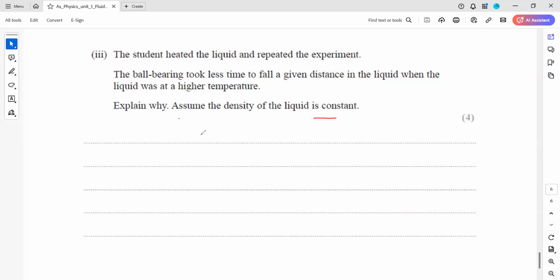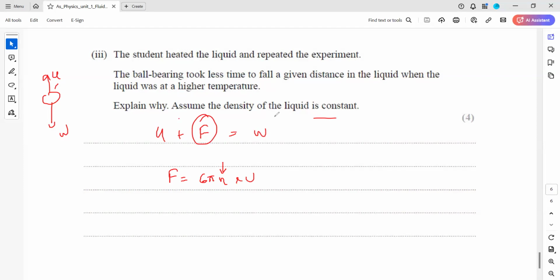Because you have the formula that upthrust plus viscous drag equals weight if it is going downward. So the viscous drag is decreasing. Because the sum should stay the same, as a result, we need a higher terminal velocity. We have F equals 6 pi eta R V. So if the viscosity is decreasing, how to relate?